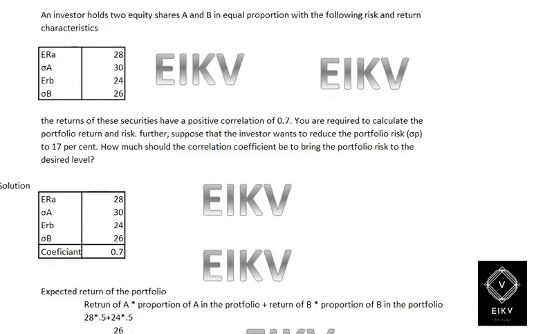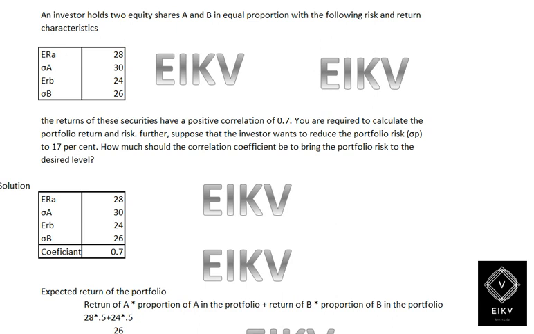Guys, here we have two securities, security A and security B, and the return and standard deviation of security A as well as B have been given. We are required to compute the return and risk of the portfolio which has the correlation of 0.7.